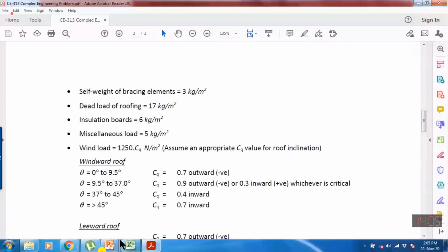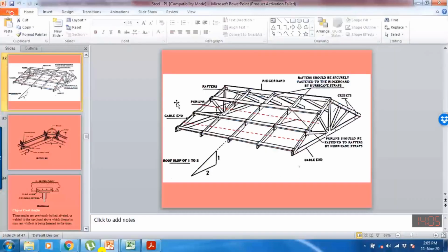For one purlin, if a total load is acting on this panel, half the load is coming on this purlin and half the load is going to the other purlin. So we will design the interior purlin. This means that one purlin is supporting half of the panel width from one side and half of the panel width from the other side.